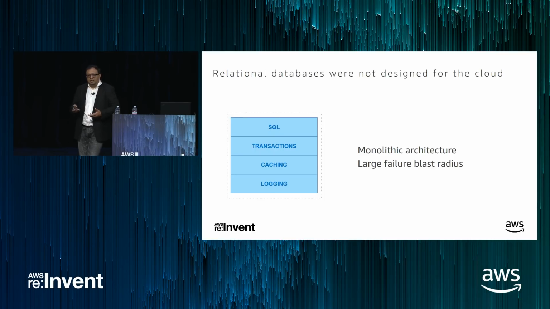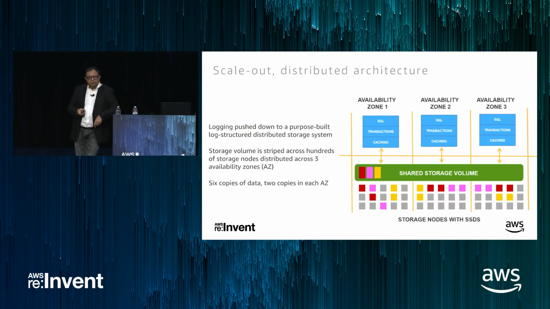It tends to be a scale-up architecture. There are systems that scale out, but not a ton of them. And even with those, the failure blast radius is quite real. So one of the things that we do in Aurora is that we move storage, which is really what you care about, state is what you care about from a blast radius perspective.